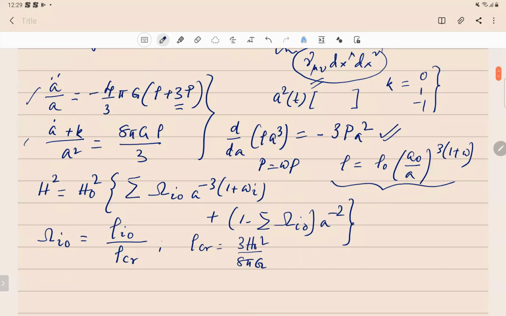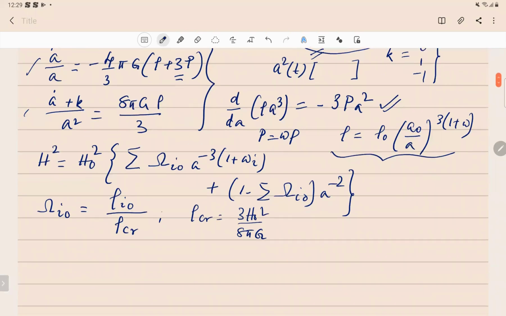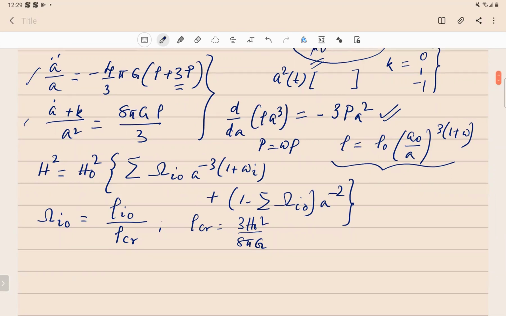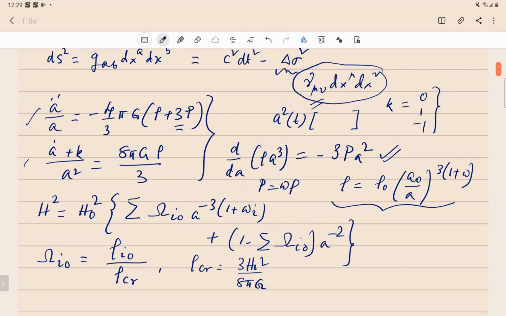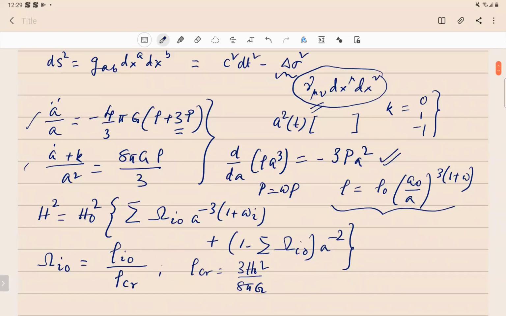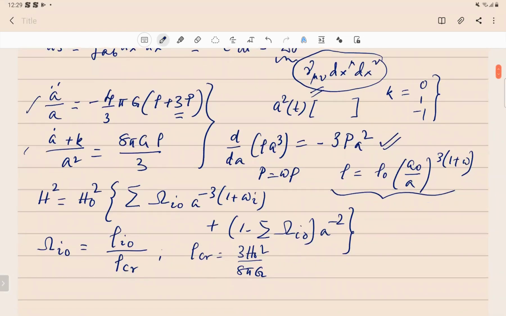I'm not going into the details of this because this is background cosmology and I'm sure everybody is familiar with it. Now this describes the universe which is homogeneous and isotropic. We have the description in terms of a fluid with an energy momentum tensor, and then we have Einstein's equation for the FRW metric, and when we solve these equations, we get the evolution of the background universe.